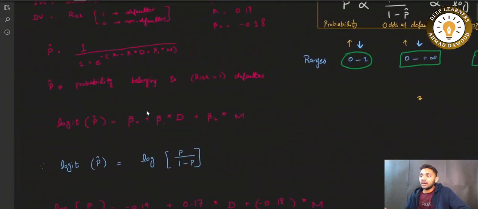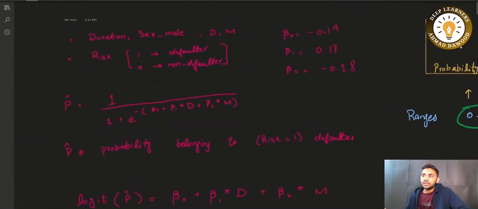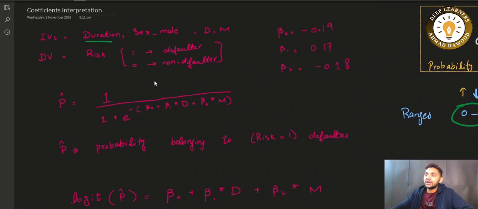It's very simple. Here I have considered just two independent variables, Duration and sex male. So I have given the letters D for duration and M for male.